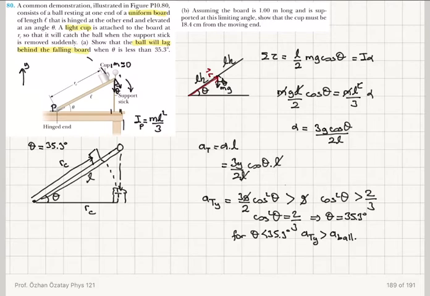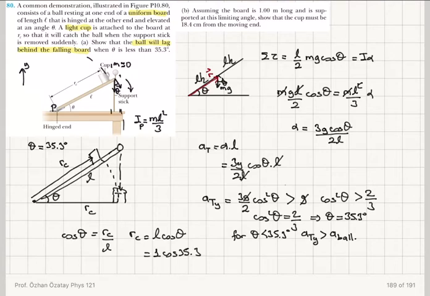Okay, and the total length here was L. So I have cosine theta equal to rc divided by L. So rc is L times cosine theta.